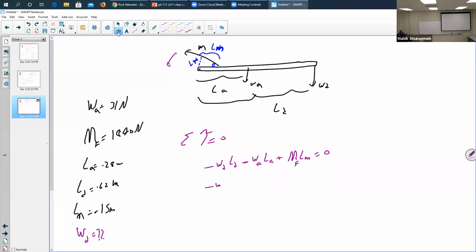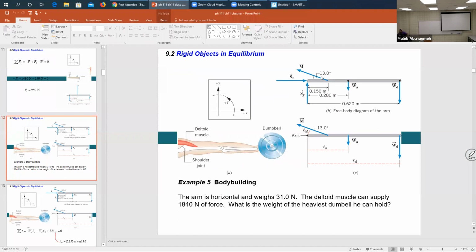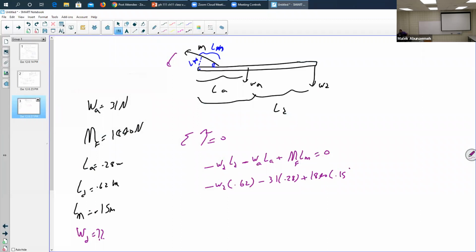Now let's substitute the numbers. So this is gonna be minus WD multiplied by 0.62, minus 31 multiplied by 0.28, plus 1840 multiplied by your distance going from here to here, which is 0.15, multiplied by, now what you're gonna have is a vector with the coordinates of Fx and Fy.